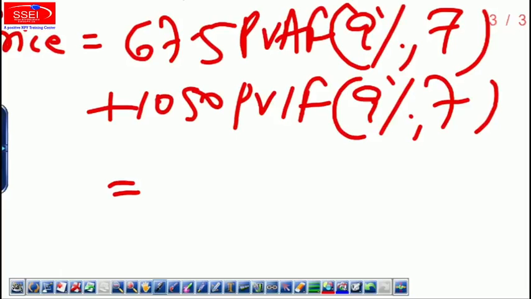So you have to understand 67.5 is the annuity, 1050 is the FV, what we are getting at the end, 9% is the discount rate, and 7 is the number of years. It's coming to 914.11.